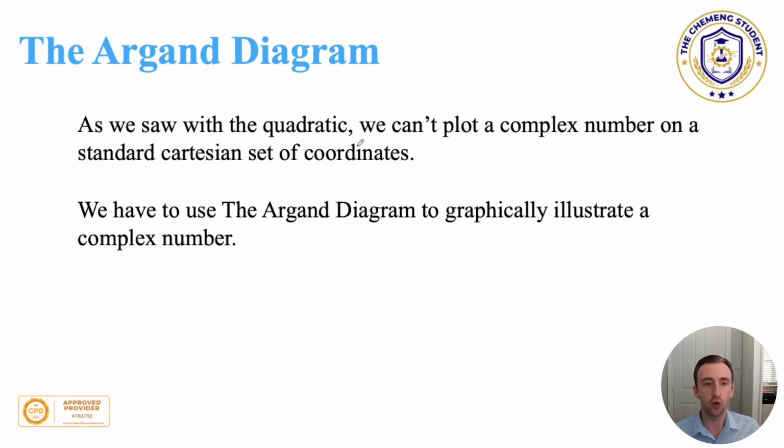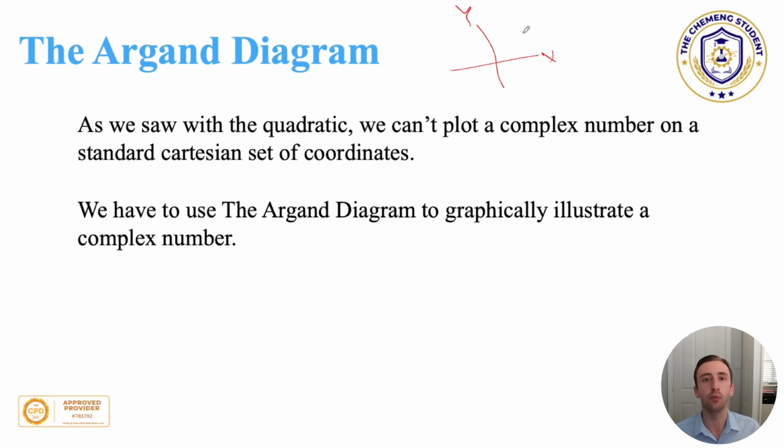Now that then leads us on to the Argand diagram, because when we think about the idea of plotting x versus y on a normal coordinate system, we call this a Cartesian set of coordinates. So i.e. both axes are real values.